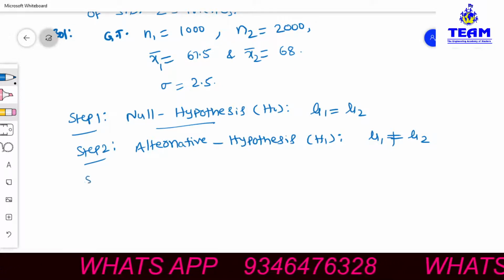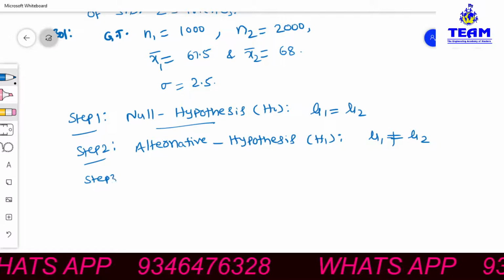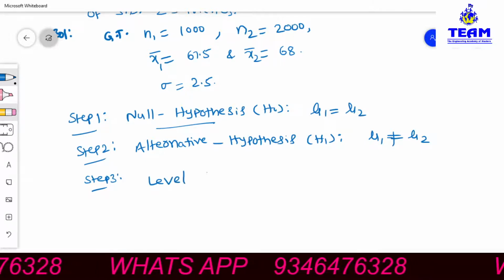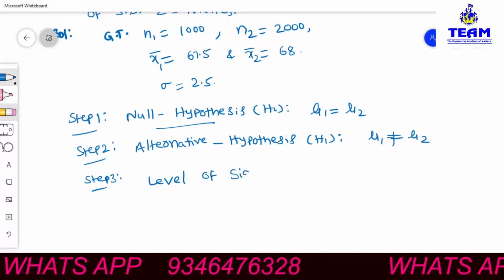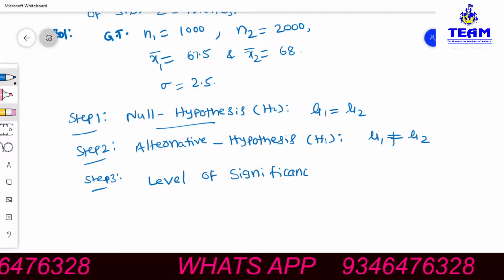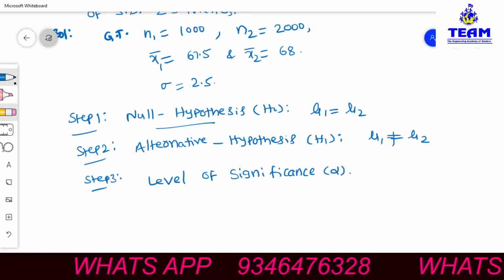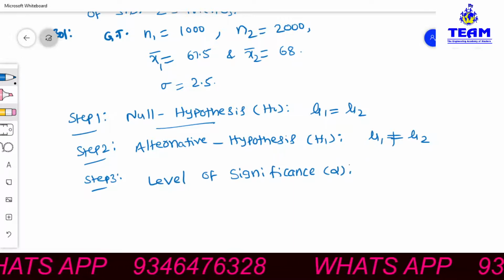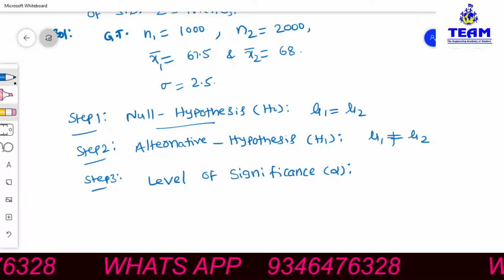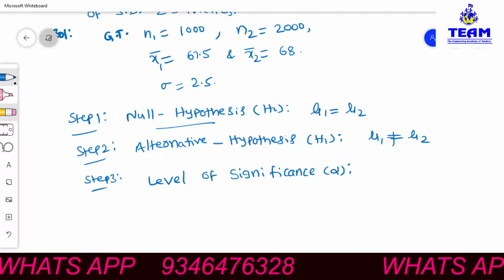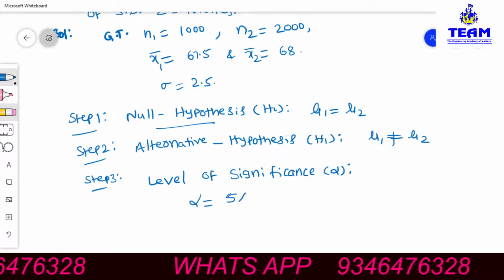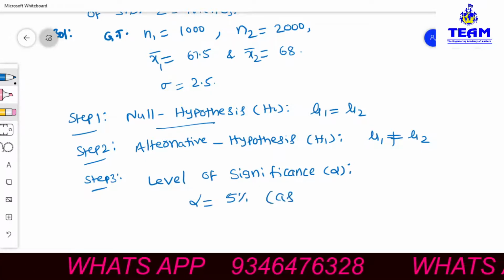Now step 3 is the level of significance, which is represented with alpha. In the given problem, no alpha is mentioned. That means he doesn't mention any alpha value, so we can assume alpha is equal to 5%.